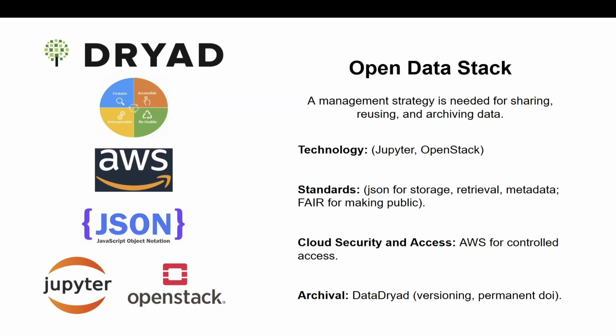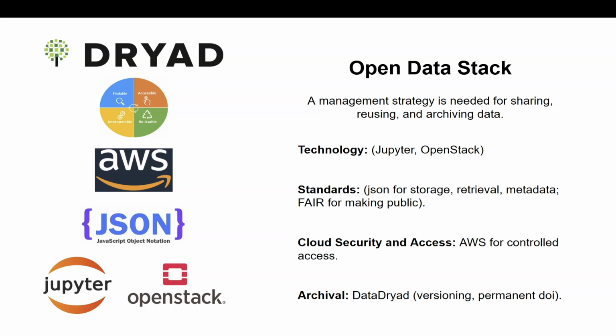The other part is working on what they call an open data stack. An open data stack is a management strategy that is needed for sharing, reusing, and archiving data. We typically start at the bottom with some sort of interactive interface for working with data. We need a metadata format. We need a cloud server to host our data.